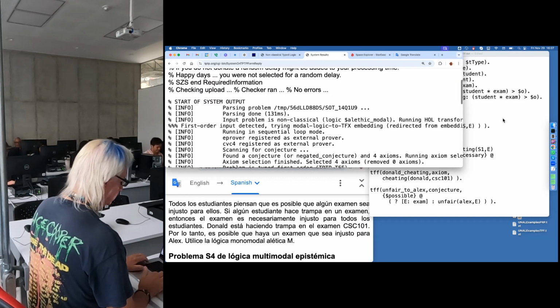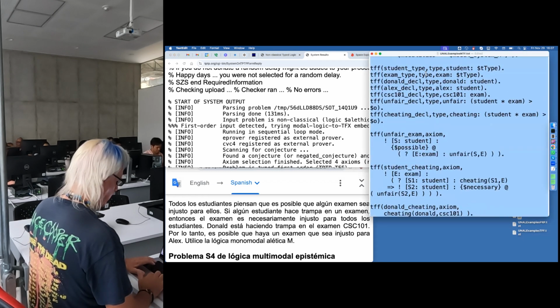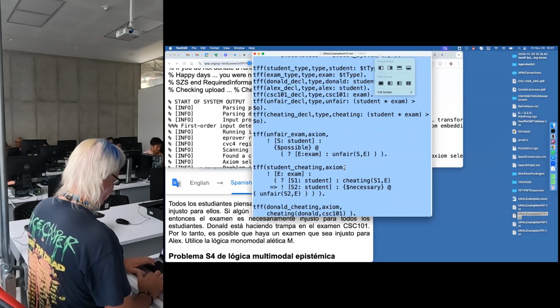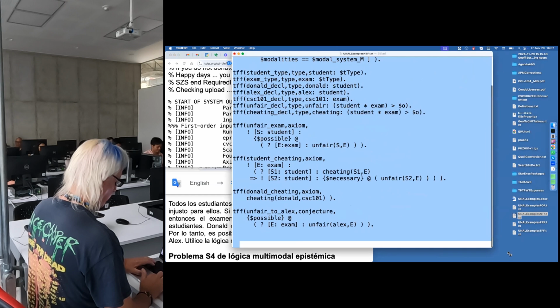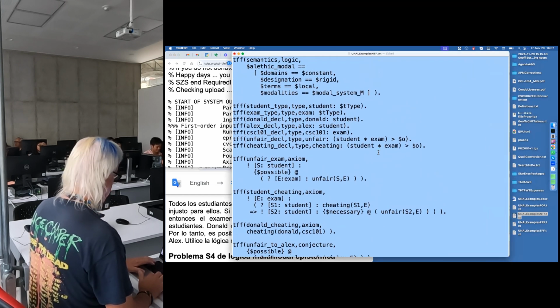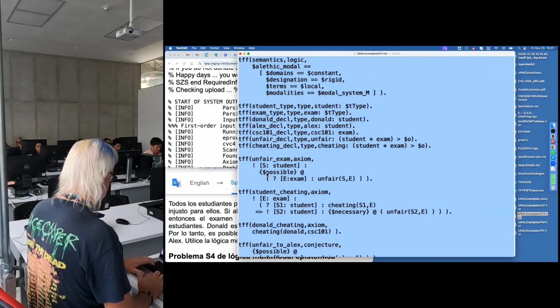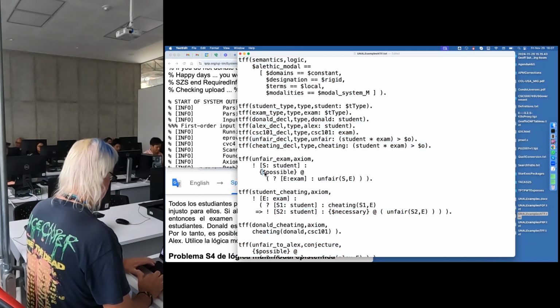Yeah, it works. Oh, I had here I put at, oops, sorry. Here I put at instead of dollar.